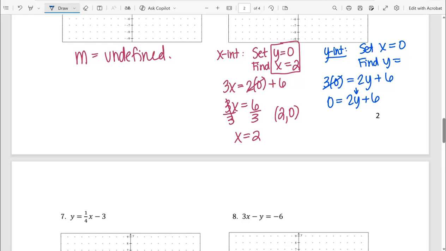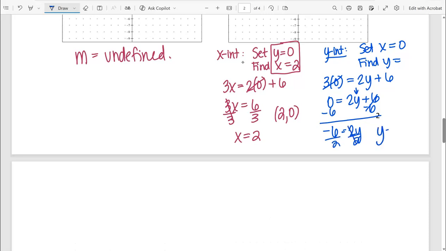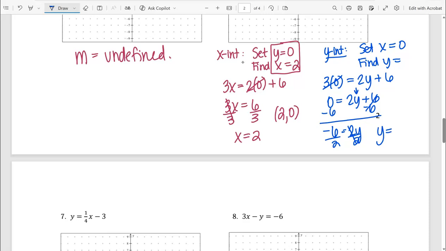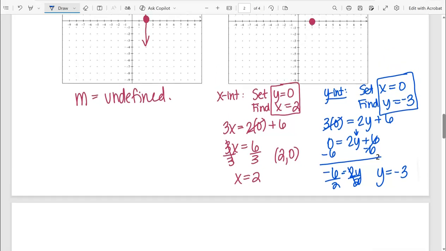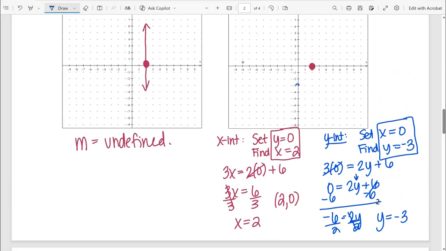So I'm going to start undoing the things that are around the y. I'm going to subtract 6 to the other side, and divide by 2. Giving me y equals negative 6 divided by 2 is negative 3. And together, the 0 you plugged in and the negative 3 you found create another ordered pair. 0 side to side, negative 3 down, and connect your dots. Good.